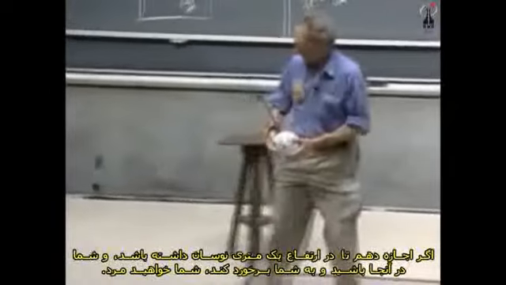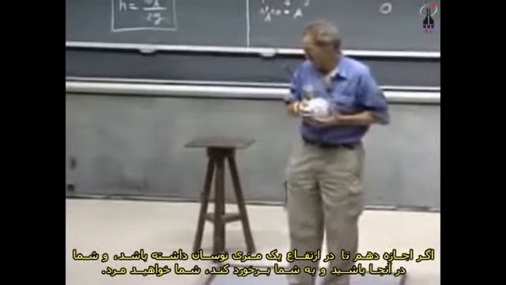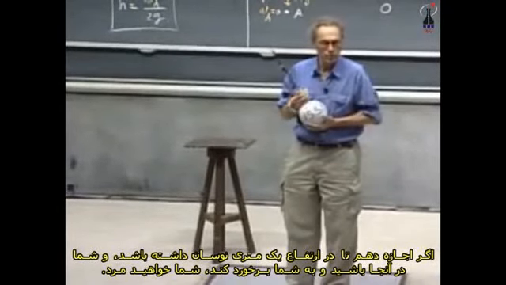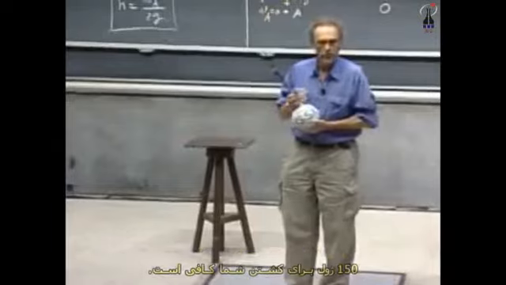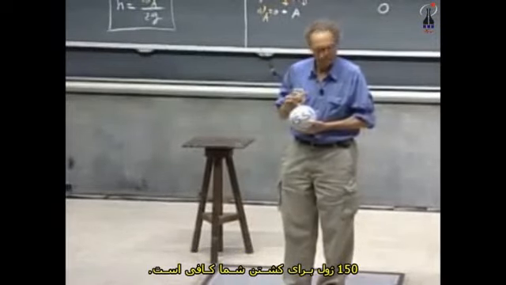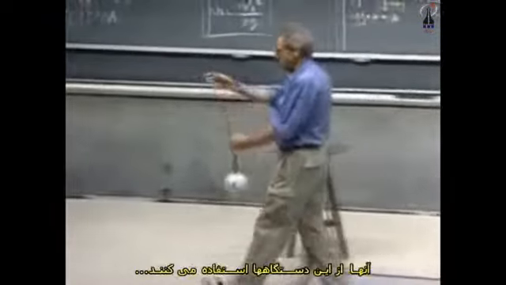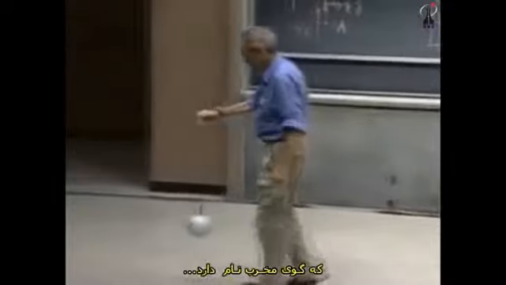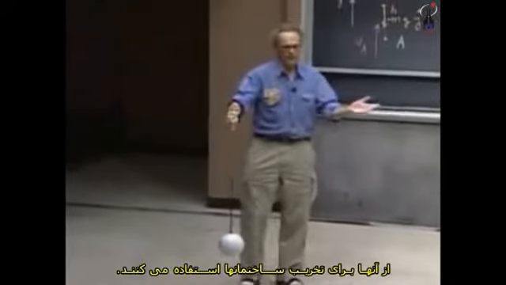If I would let it swing from 1 meter height, and you would be there and it would hit you, you'd be dead. 150 joules is enough to kill you. They use these devices, they're called a wrecking ball. They use them to demolish buildings.